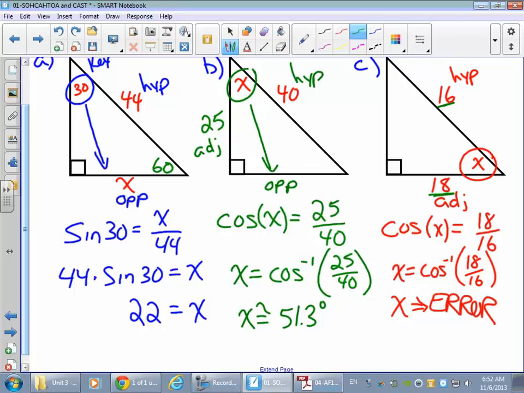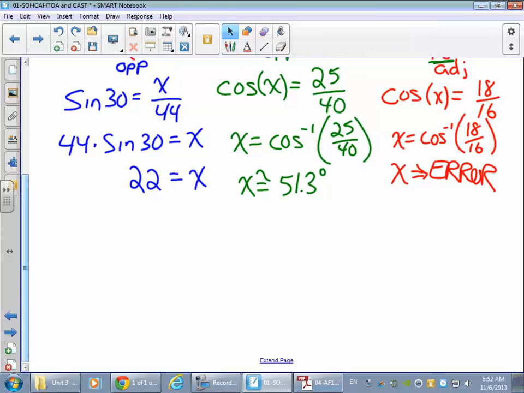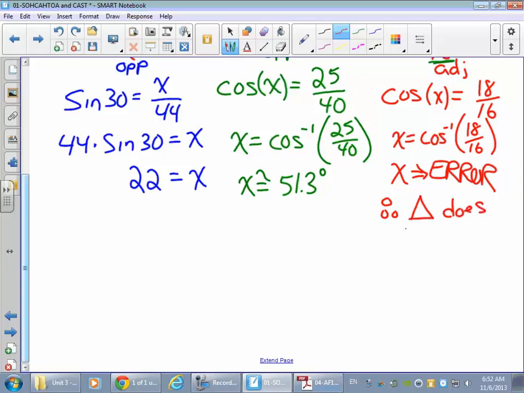When I see the error come up, at first I panic, and then I quickly go back to the question and see what's going on, and recognize that my hypotenuse, by definition, has to be the largest side of the triangle. So, simply put, this triangle does not exist.